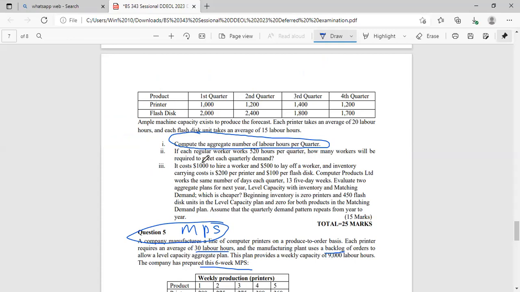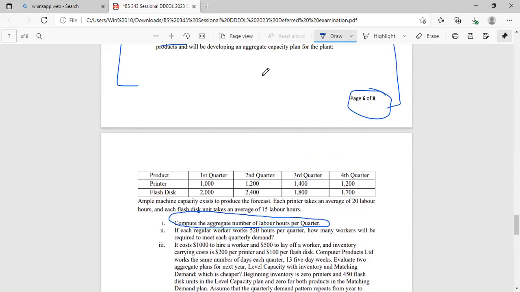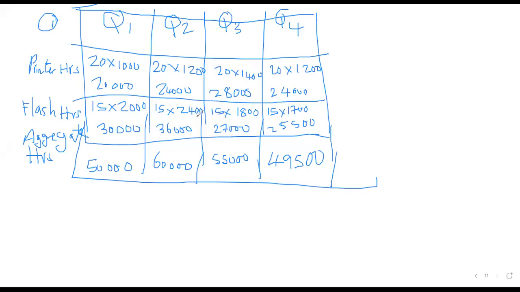Now the question continues: if each regular worker works 520 hours per quarter, how many hours will be required to meet quarterly demand? Okay, so we are going to sort out that one soon. For number 2, we have quarter 1, quarter 2, quarter 3, quarter 4.